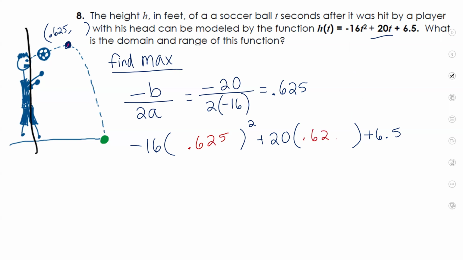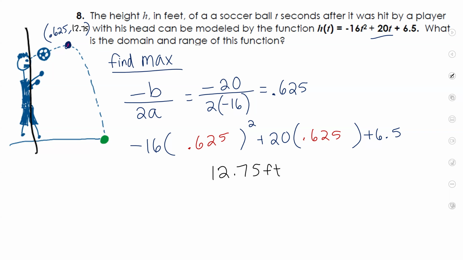Let me know what you guys get for the maximum. Very good job, guys. 12.75 feet. That is the highest that this soccer ball goes, and it gets there in 0.625 seconds.